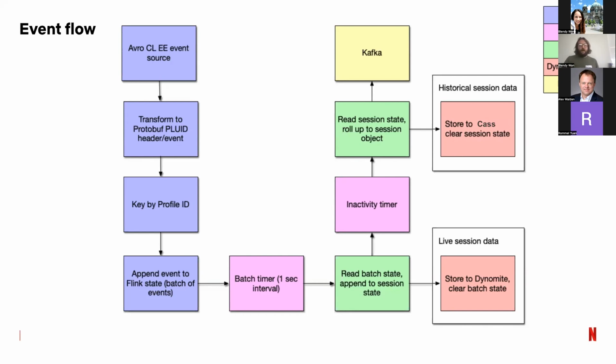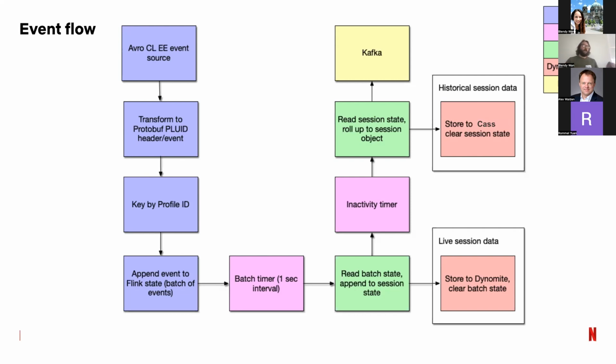As this is happening, there's another timer that eventually fires once the session is complete. Let's say for a particular user, we haven't received any events in an hour or so. At that point, we determine that their session is complete and it's time to clear out that live session data in Redis. So we send the delete request to Redis.